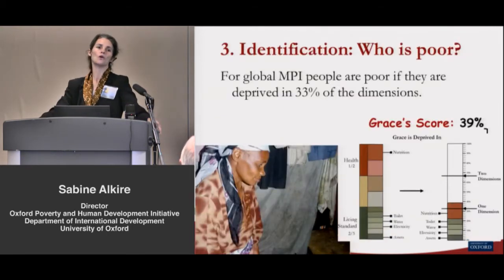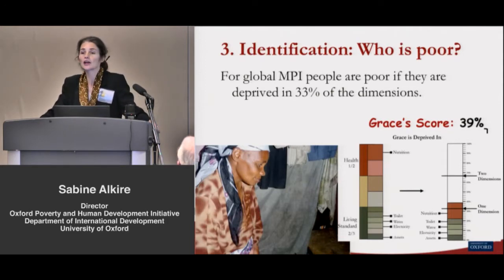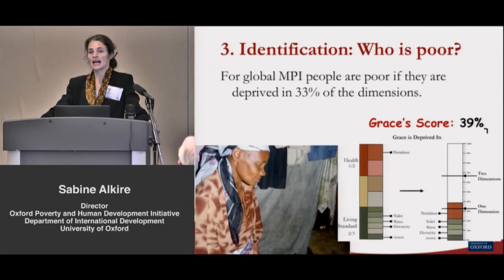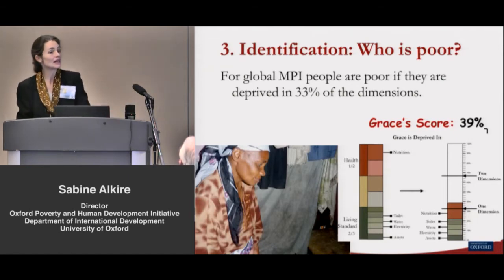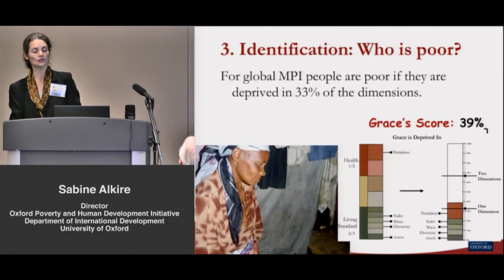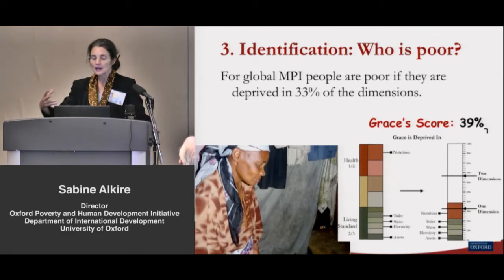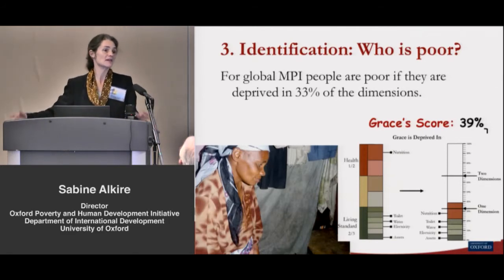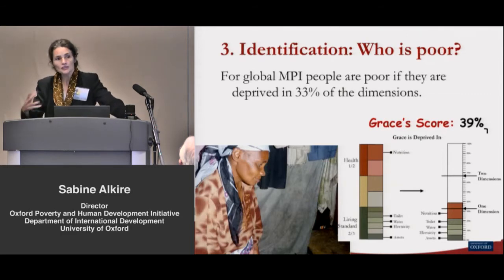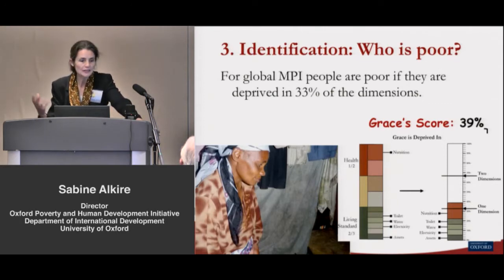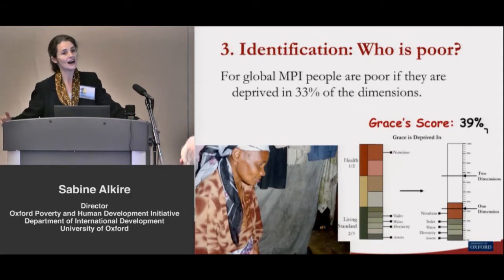If a person is only deprived in nutrition, it may not be that they are poor. They might have a physical condition, or they might be a fashion model. It might be a fashion choice. If they are deprived in sanitation, they might not consider that in their ethnic community to signify poverty. Similarly, they may not have electricity, but our survey does not have information on whether they have other ways of coping.